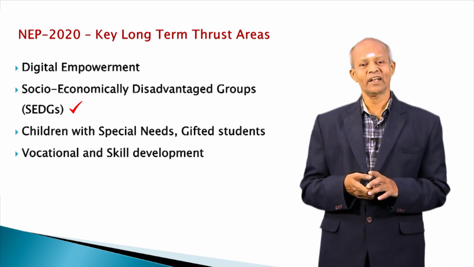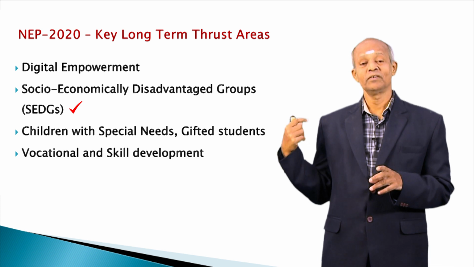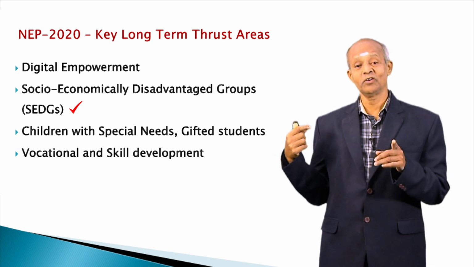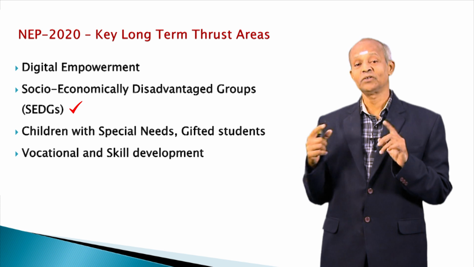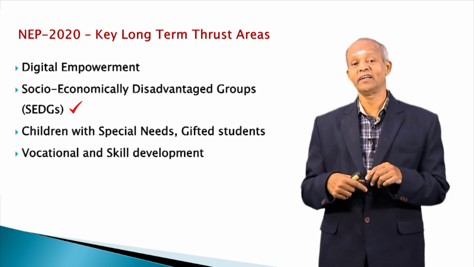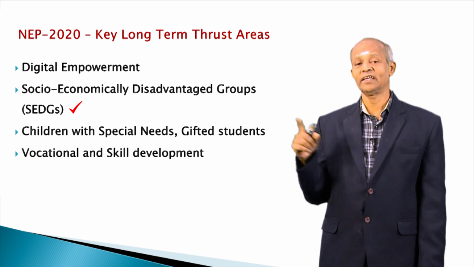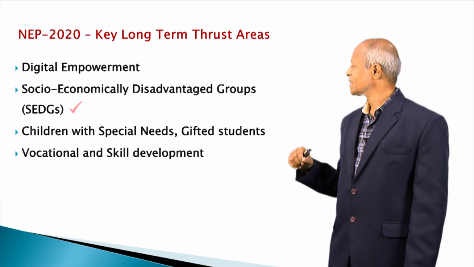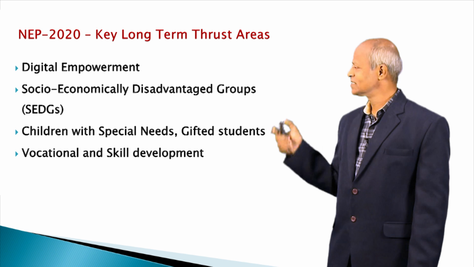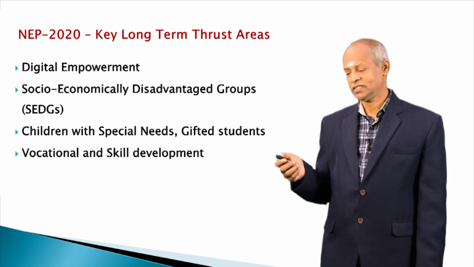So, in the long run, it is a waste of manpower or a waste of human capital. So, they also should be included, and therefore NEP is giving much more importance to inclusivity. And then the vocational and skill development, as we have already discussed.